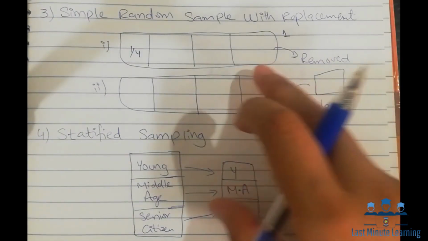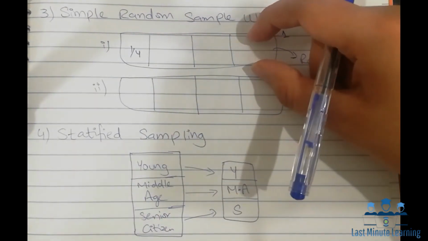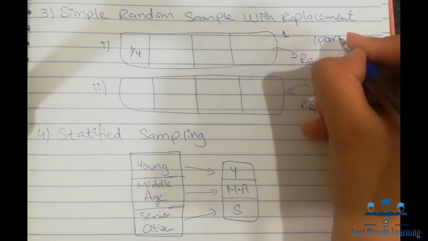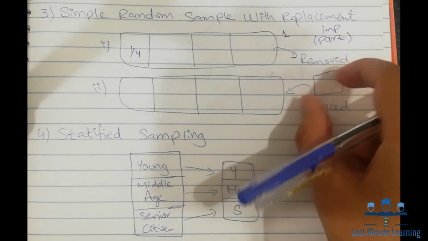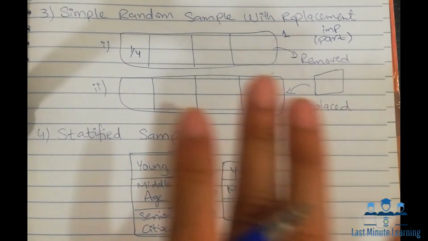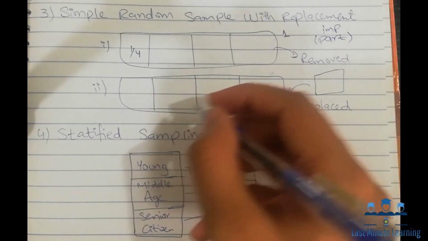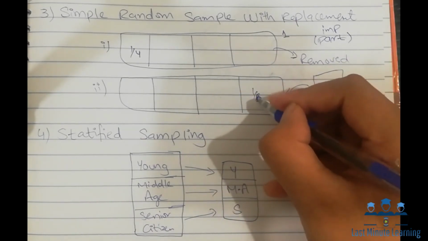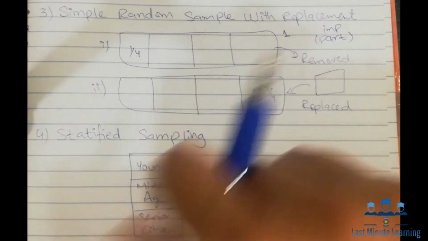Now what we will do is that when we take a data as a sample, we will exclude the important part which we need from it, and then replace that data again back into that whole data. It will not affect the overall probability or probability of each chunk. It would not be now 1 by 3. It would be the same as 1 by 4. This is the simple random sample with replacement.